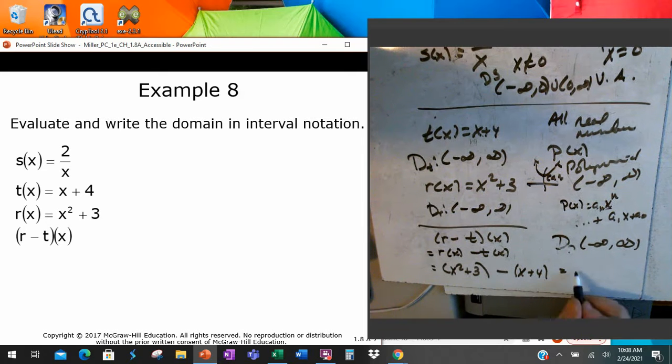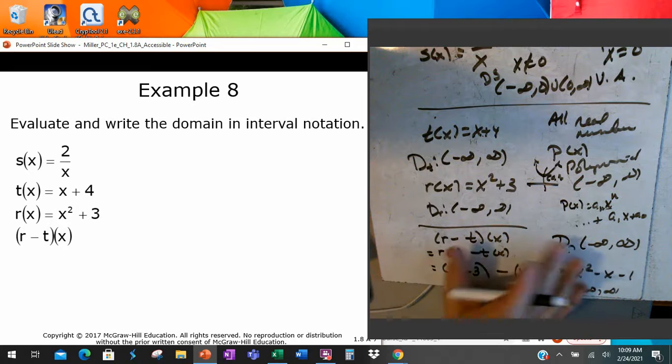So this is just x squared minus x plus 3 minus 4 is minus 1. Okay, minus x minus 4, and then I group. Okay, polynomial, domain, negative infinity to infinity.